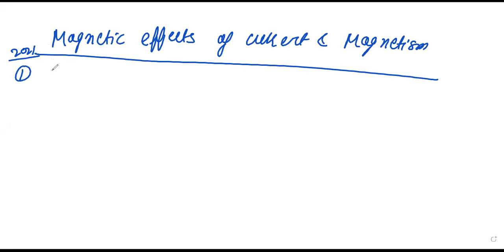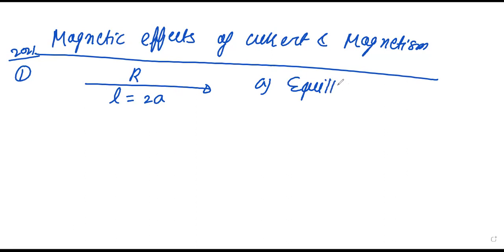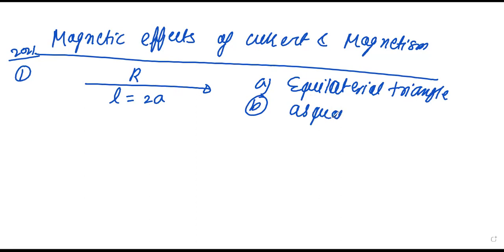A uniform conductor wire of length 2A and resistance R is rounded up as a current carrying coil, first in the shape of an equilateral triangle, and second in the square form.